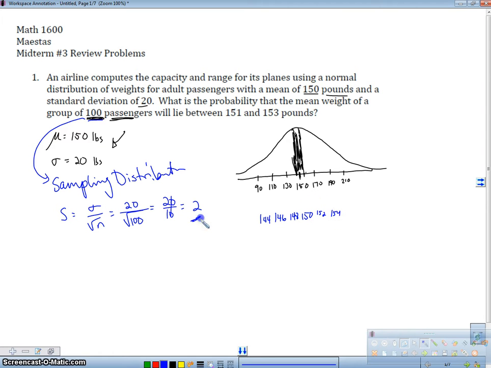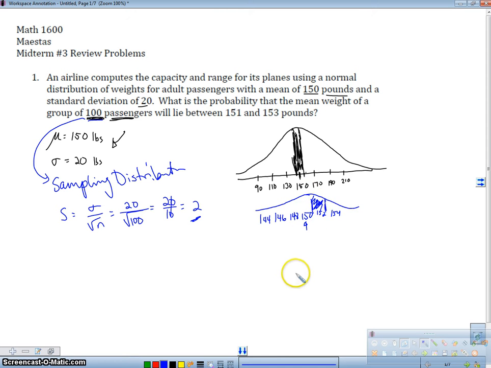You see, I'm adding s there, and this is still my mean. So I'm looking at between 151, it's right here, and 153, it's right here. So this is the shaded area. This is a normal model also.